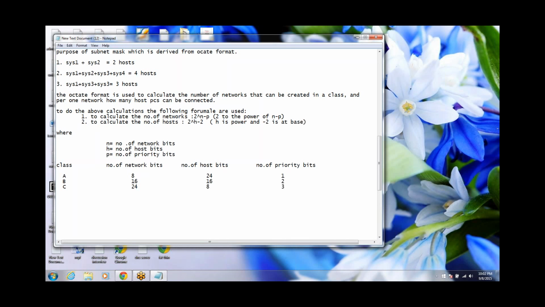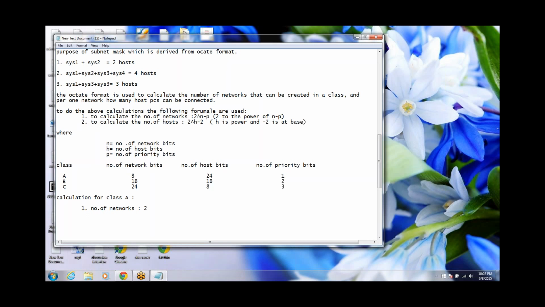Let us do the calculations. Calculation for class A. First, the number of networks.